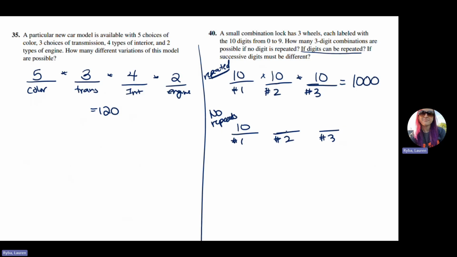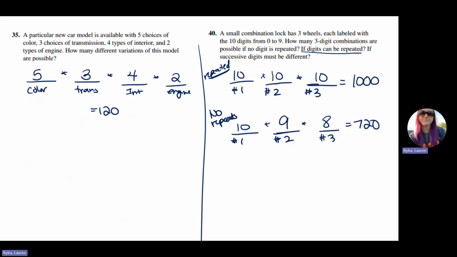So how many remaining numbers do I have for the next slot? 9. Now I filled in 2 numbers. How many do I have for the next spot? 8. Beautiful. So 10 times 9 times 8, that drops it down to 720 different combinations, aka permutations, because order does matter.